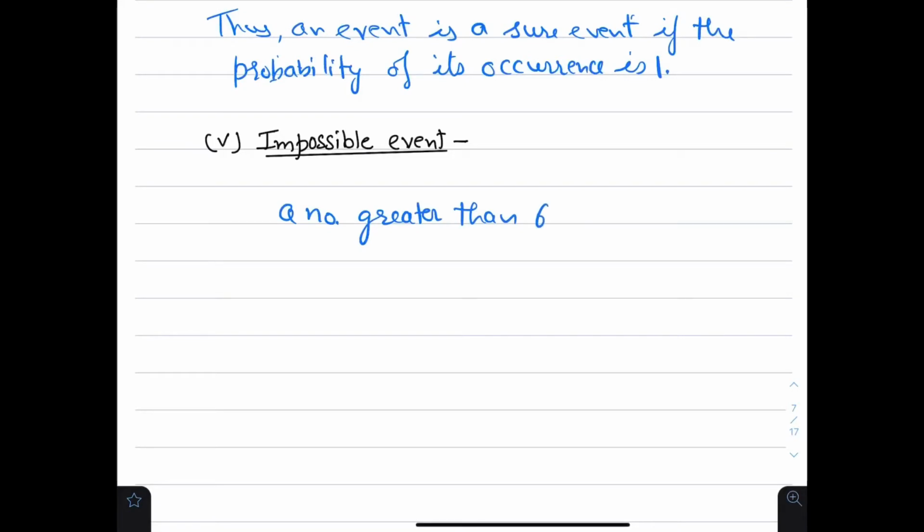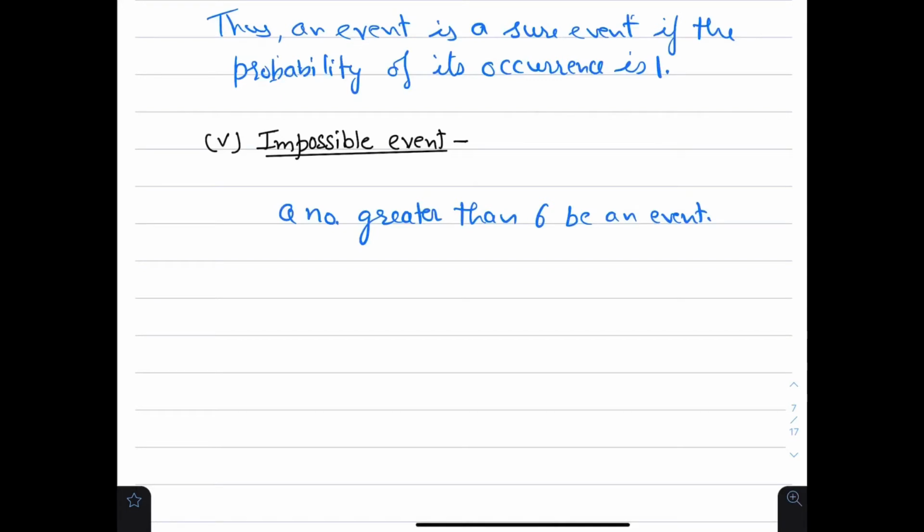It is not possible to have a number greater than 6 in a single throw of a die. Such an event is called an impossible event. The number of favorable outcomes of having a number greater than 6 is 0, out of total 6 outcomes.